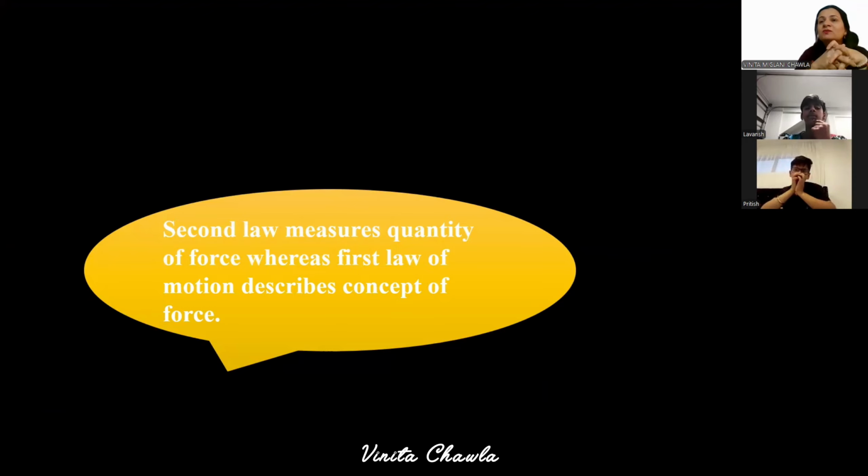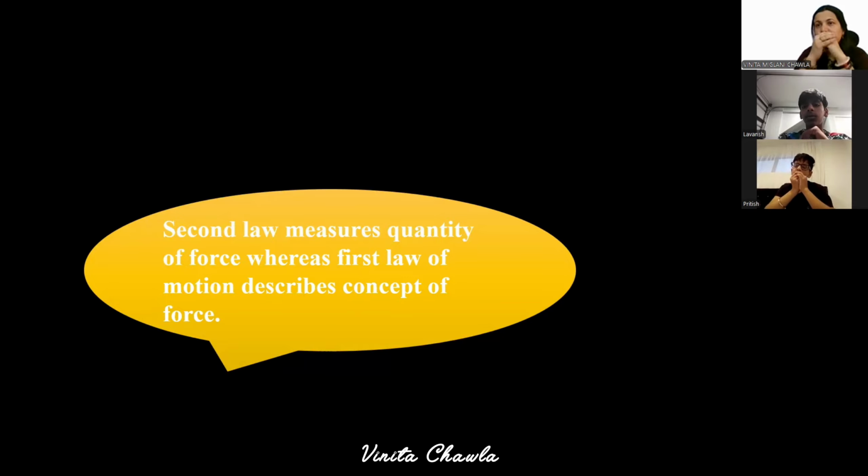When we talk about Newton's first law of motion, we say whether the object will... what was it? What was Newton's first law of motion? Inertia. That tendency of the object that if it is at rest, it will stay at rest.